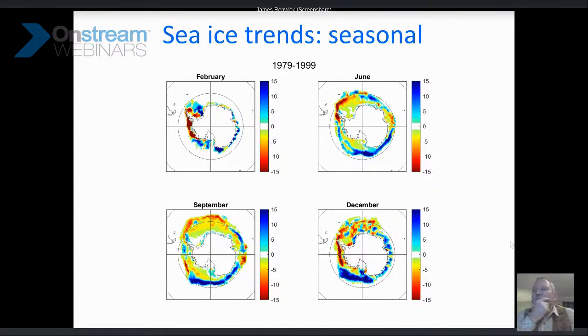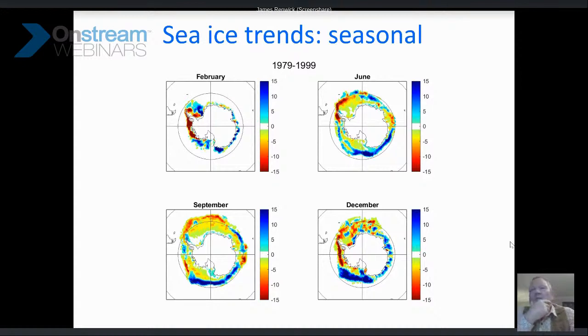Also very strong growth on the ice field across the South Pacific, south of New Zealand, south and east of the Ross Sea, in December at the time when the ice is decreasing, so that would suggest it was decreasing more slowly, melting more slowly.